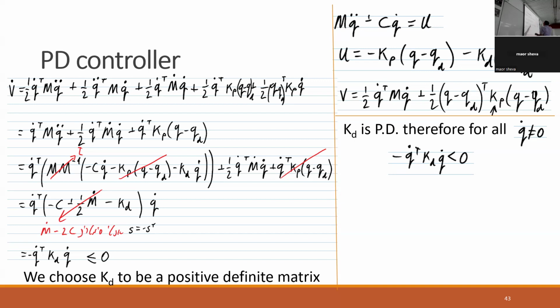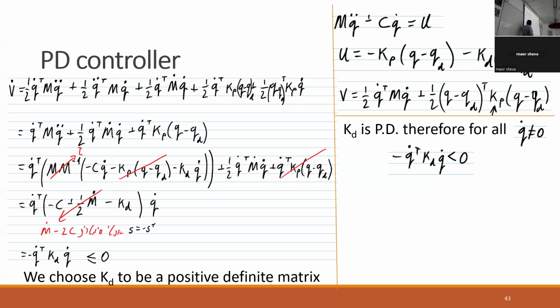And q double dot is M inverse times U minus C q dot. So I have M times M to the minus 1, so this term is also the identity matrix. And I have the term with M dot here, exactly the same, and the term with Kp here, exactly the same as the term with Kp above.